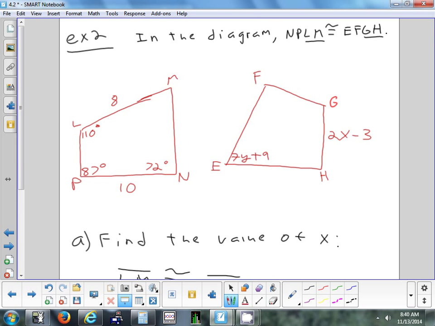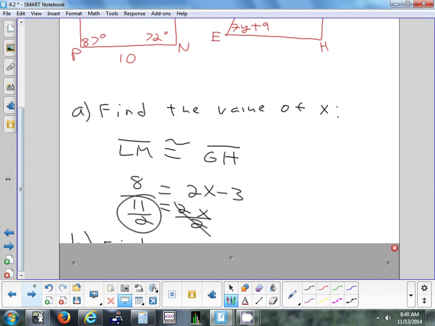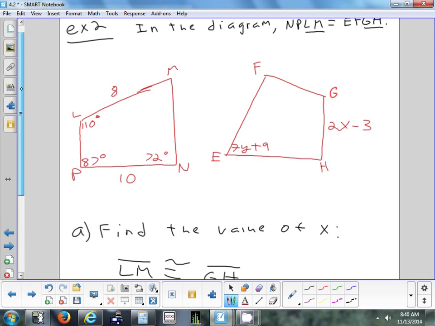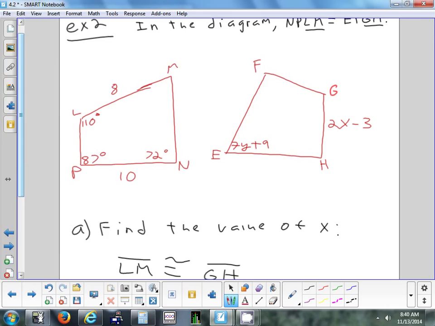Okay, now we're going to do the same thing. We're going to find the value of y. Okay, so let's go up. Let's find where y is. Okay, Olivia, where's y?